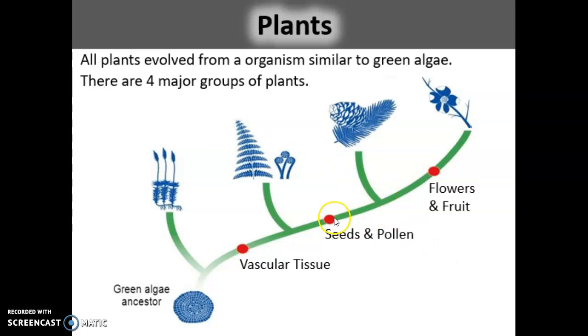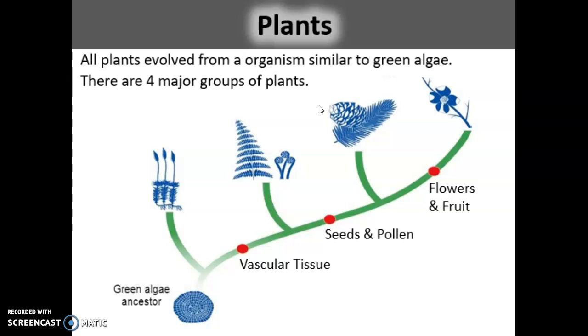So the next major adaptation that plants evolved were seeds and pollen that allow them to reproduce far away from a source of water. Gymnosperms are the first plants that we see that have reproduction with both seeds and pollen.